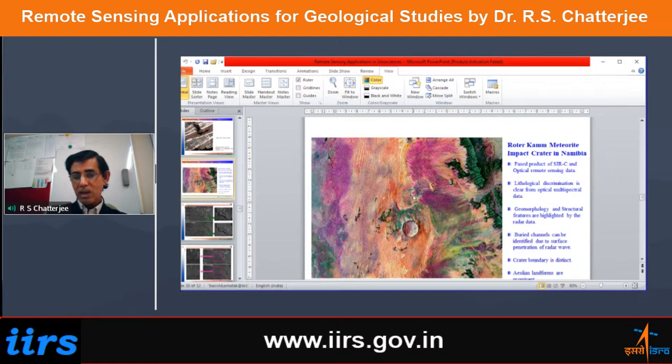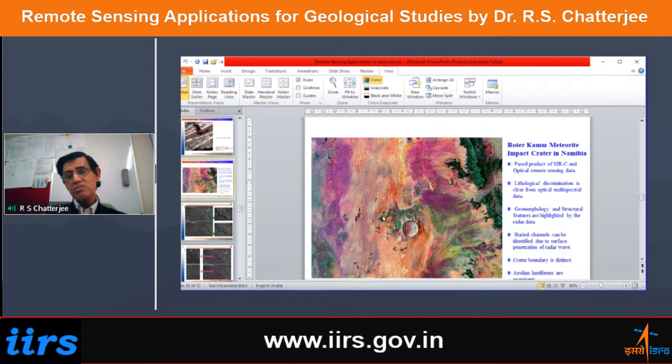You get the color that is important for separating the spectral signatures, the rock types particularly, and land use land cover types, depending on the color and composition of these features. But most importantly, when you merge the radar image, you get information about the geomorphology very nicely, geological structures, and some subsurface features, and also surface sensitivity.